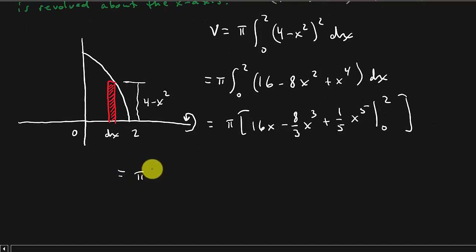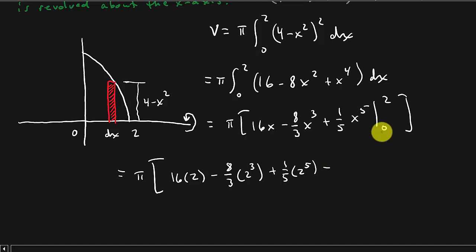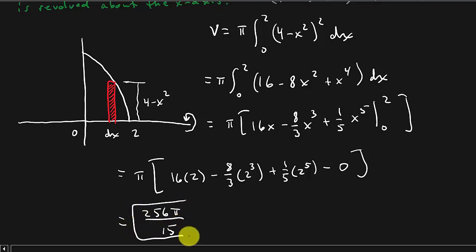And so this is going to be pi times, I plug the 2 in: 16 times 2 minus 8/3 times 2 cubed plus 1/5 times 2 to the 5th minus, now look at this, when I plug the 0 in, that all goes to 0. And then when you evaluate that, punch it in your calculator, that's going to be 256 pi over 15. And there's your answer.